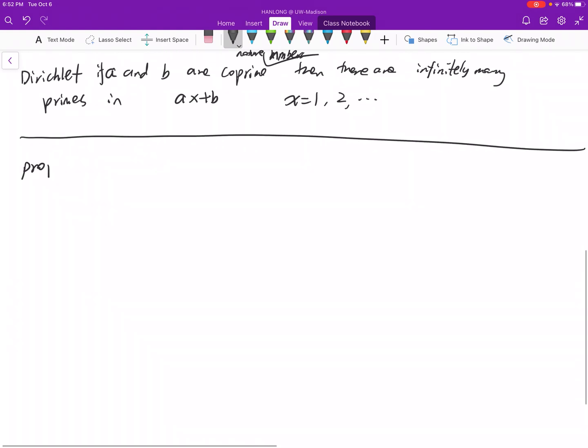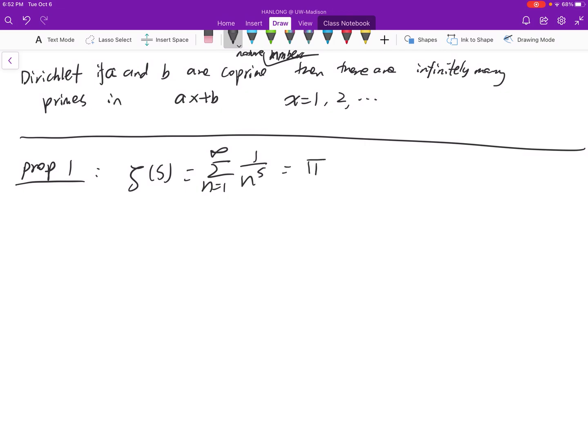Okay, then next we will focus on the study of the zeta function. So proposition 1, zeta(s) can be written as the following product, and this is because each natural number has a prime decomposition, can be decomposed as a product of primes.